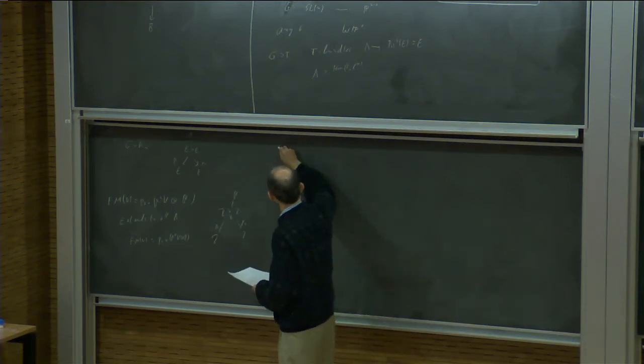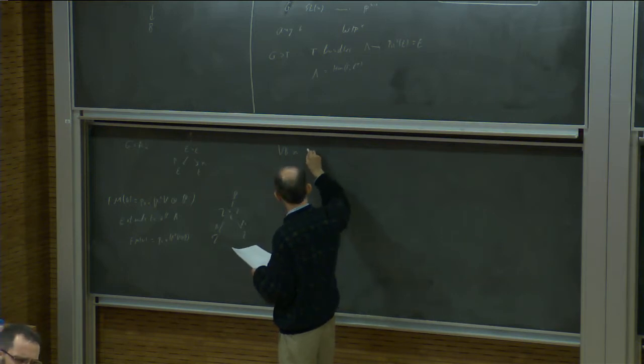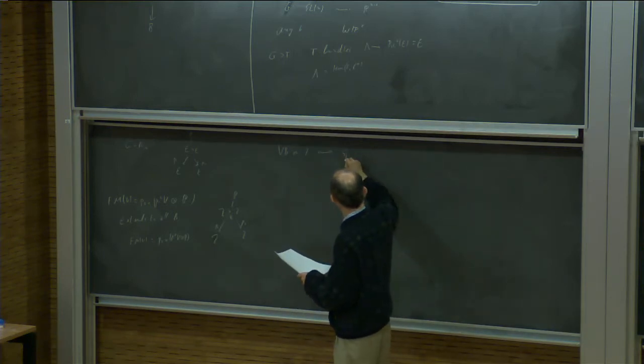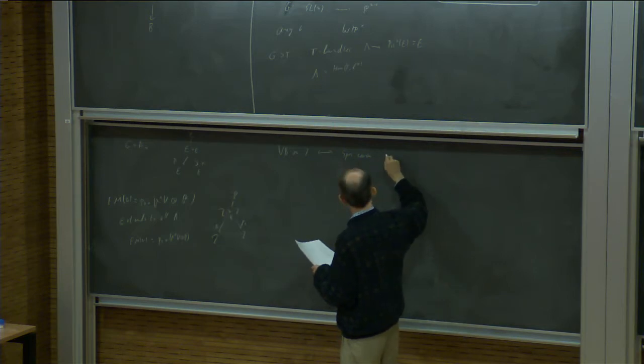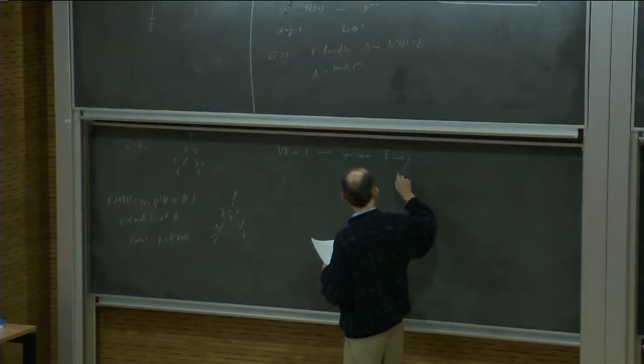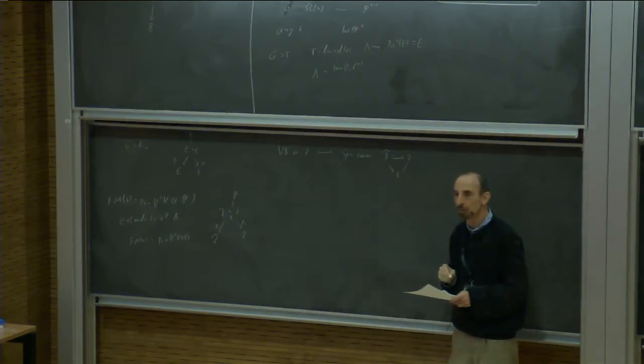So a vector bundle on Z, by this interpretation, is equivalent to a spectral cover, B tilde, sitting inside Z, so that it's finite over the base.